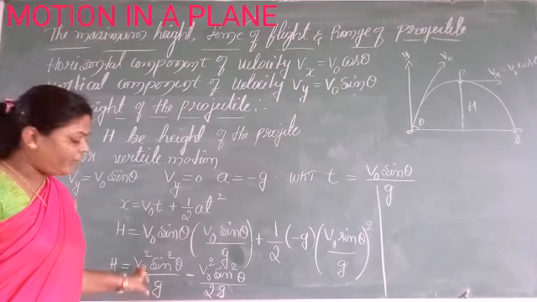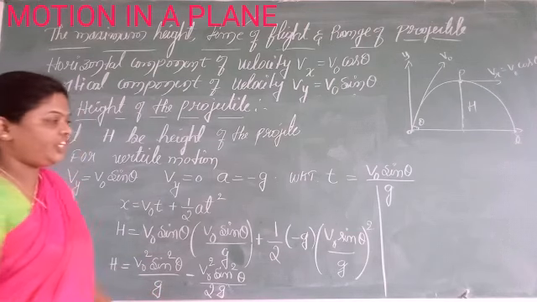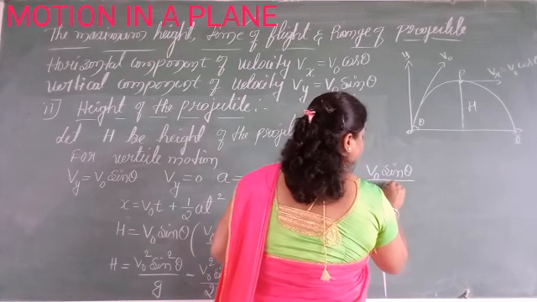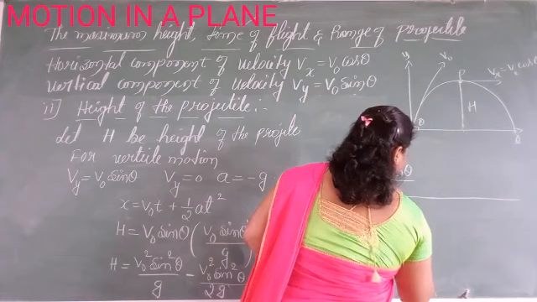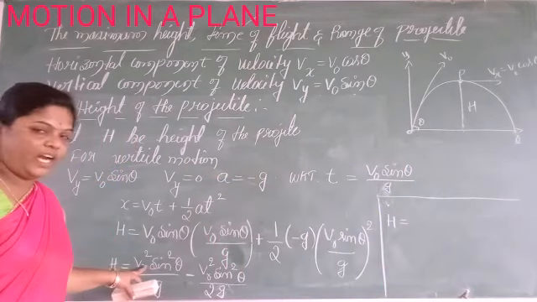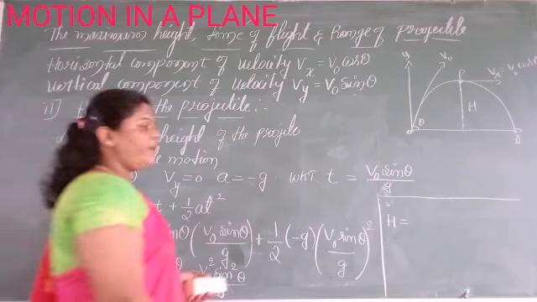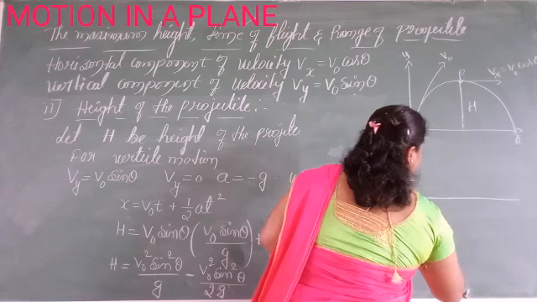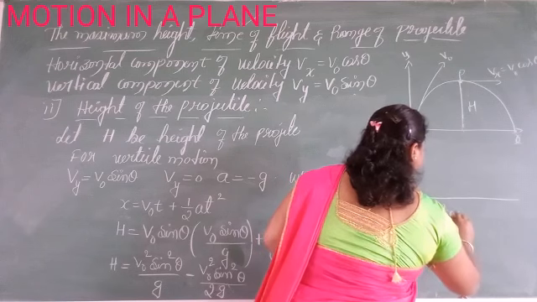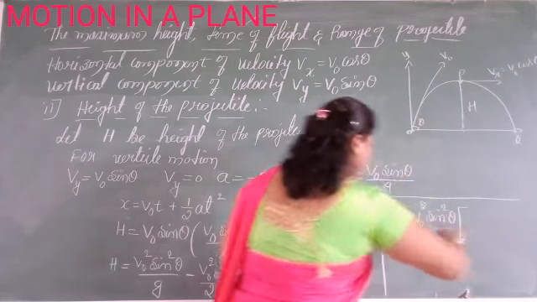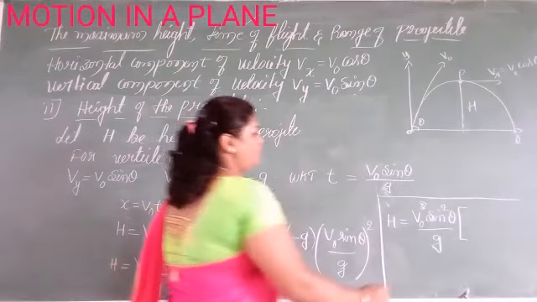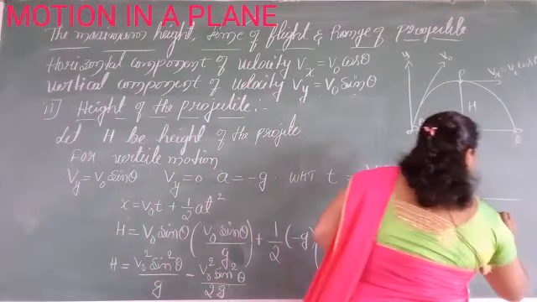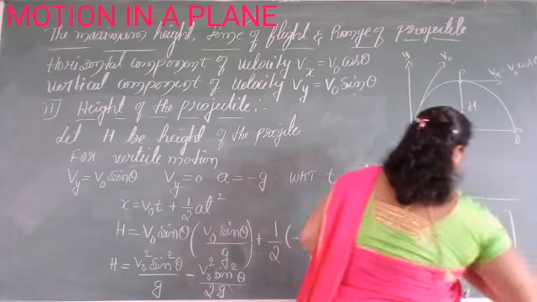Here the common term is V naught square sin square theta divided by G, so h is equal to V naught square sin square theta divided by G, taken common. In the first term, after taking everything common, what remains is 1 minus 1 by 2. So 1 minus 1 by 2 is 1 by 2.